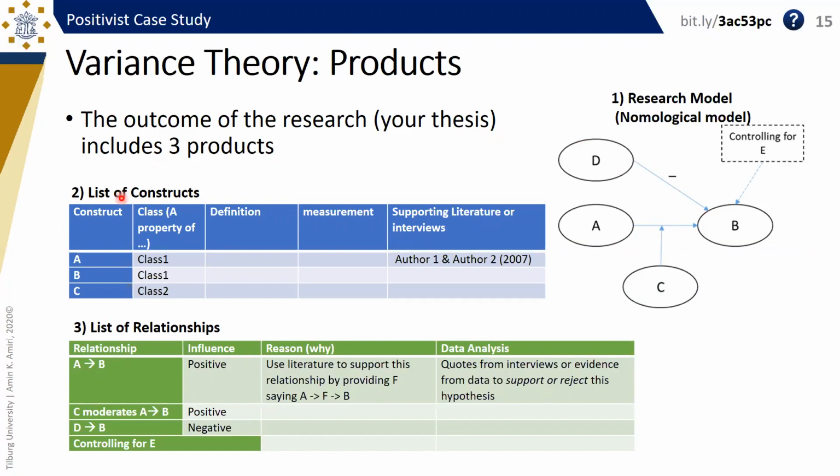Then you need to provide a list of constructs. Each construct that you see here, you need to put here, explain the class of things it belongs to, provide a definition, a way to measure it, and some supporting literature or interviews for that construct.